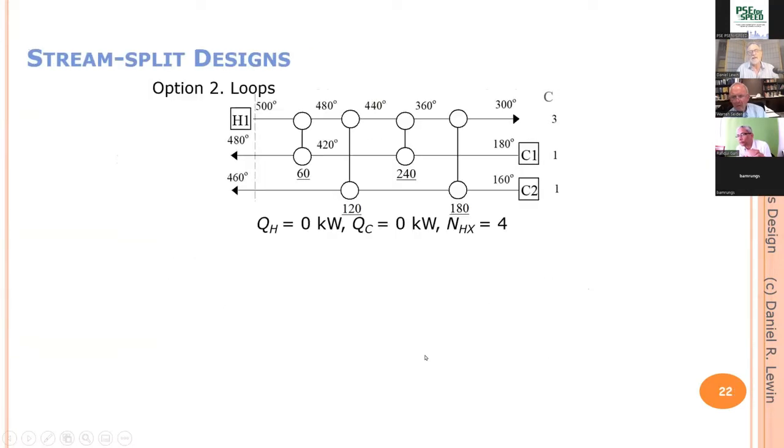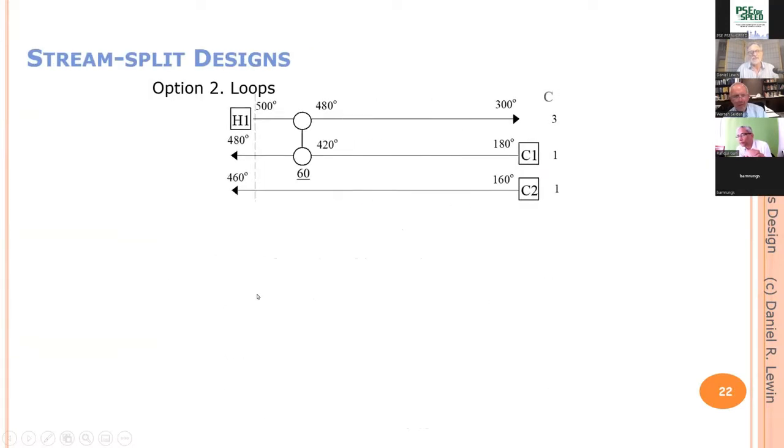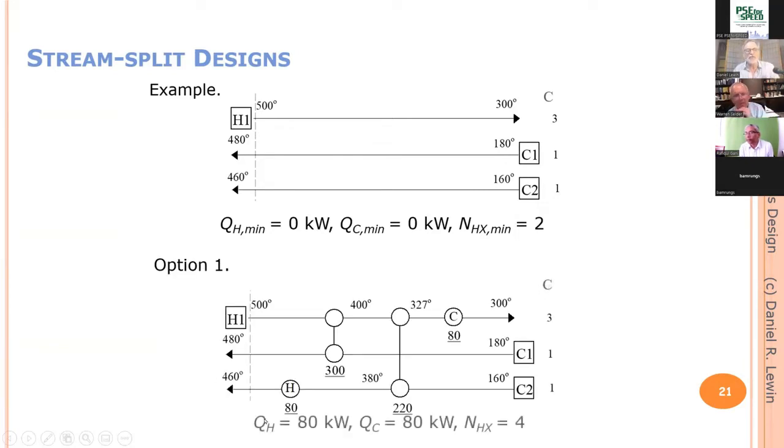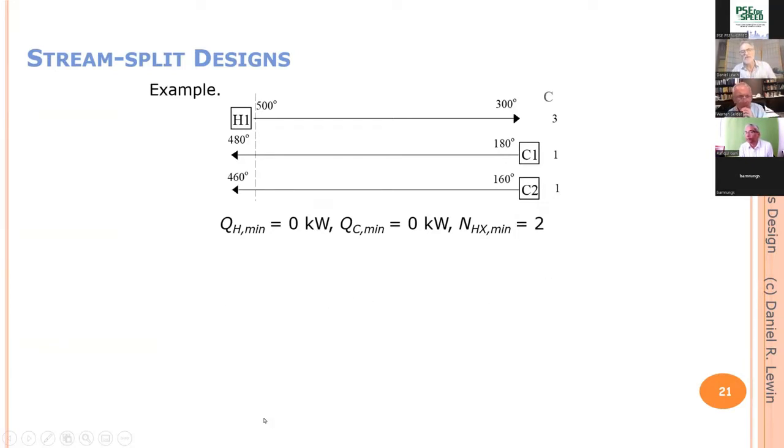In stream split designs, the idea is to, for example, in this case, where we have an example situation with one hot stream, two cold streams, the one possible solution would be, well, after we've done the calculations for targets, we see that MER targets require no external heating, no external cooling, and the unit target gives us a value of 2 units that we should be able to satisfy.